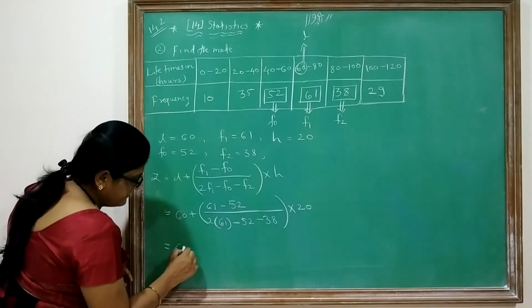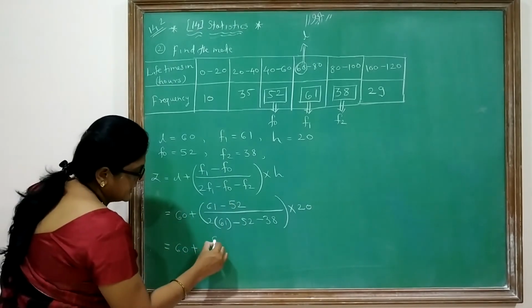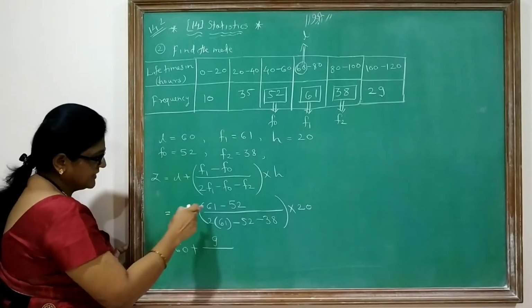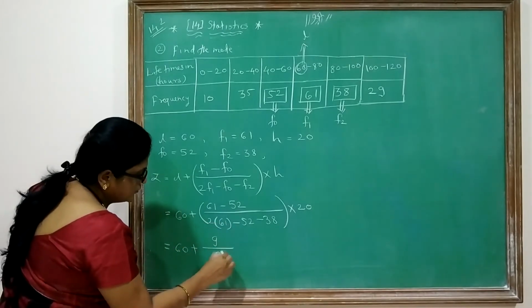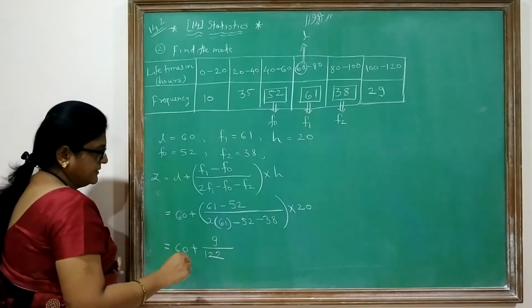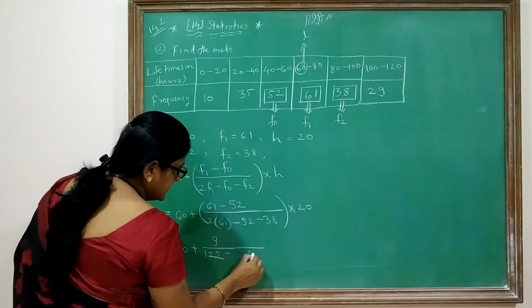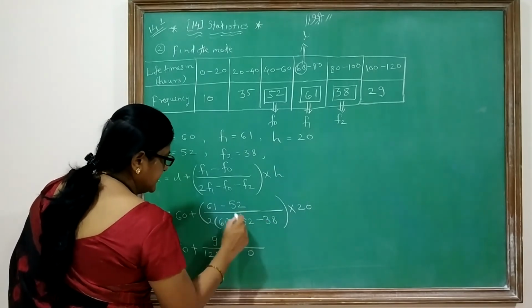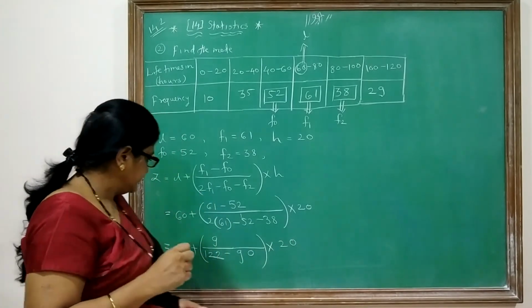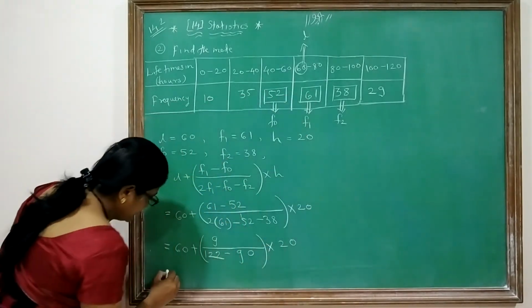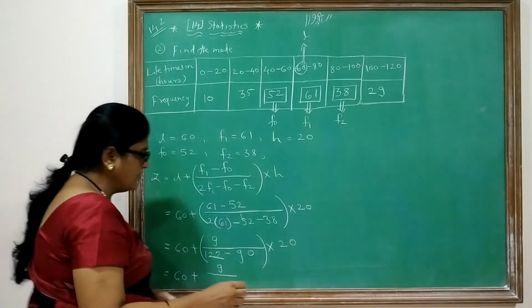Then 60 plus 61 minus 52, that is 9, divided by 2 times 61, which is 122, minus 52 minus 38, that is 90.